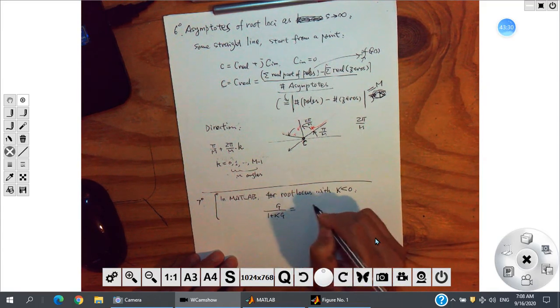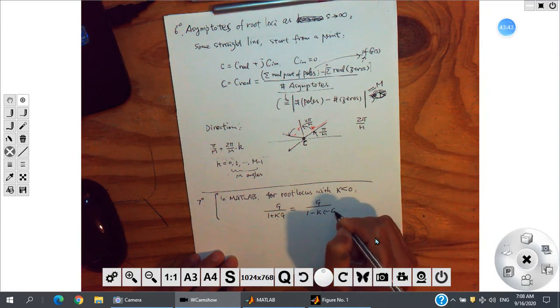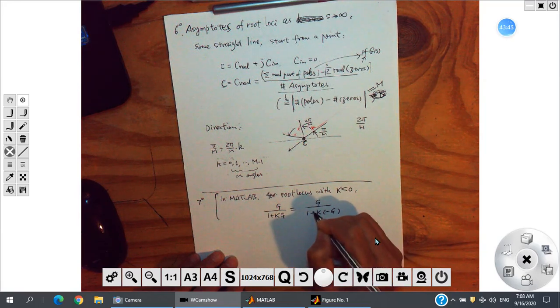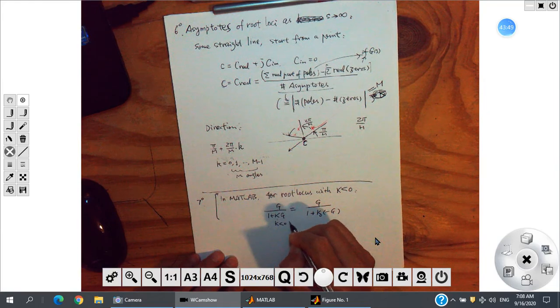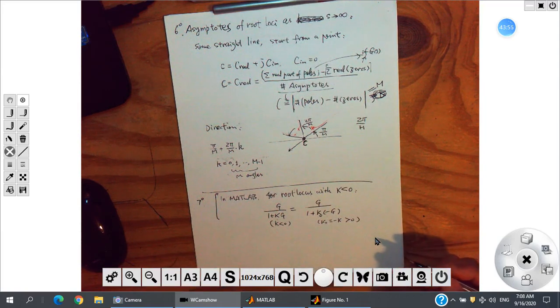It equals g over 1 minus negative k times g, but I use positive k. I choose k0, where k is smaller than 0 and k0 equals negative k. It is positive. Make sense?